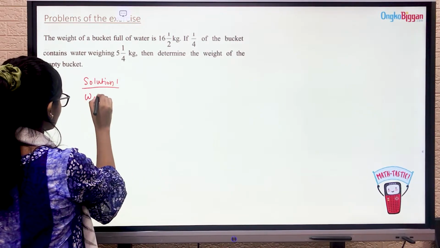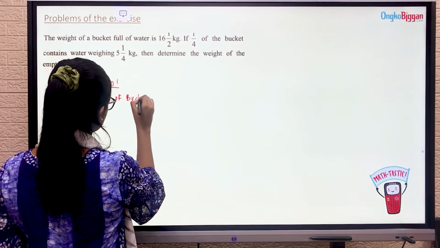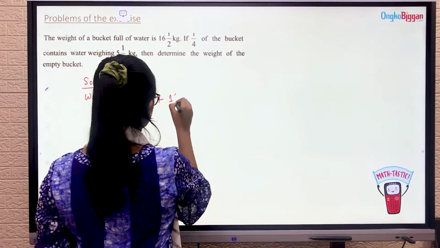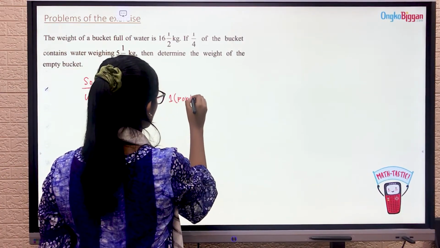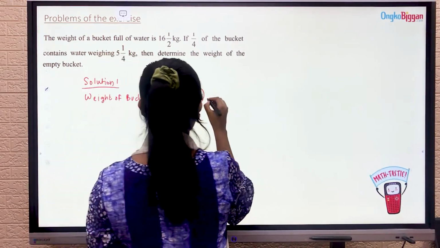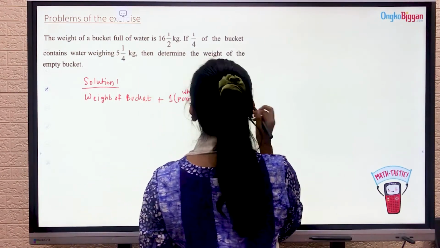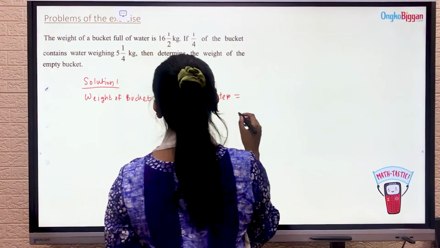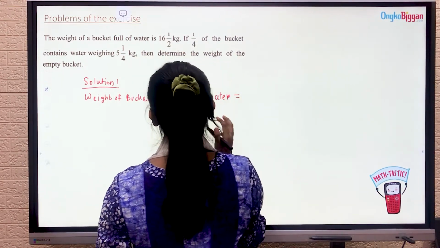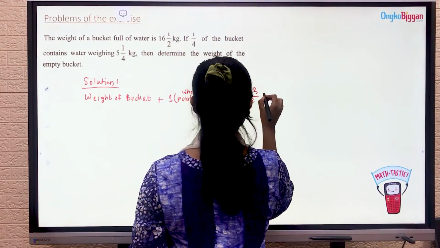Weight of bucket plus 1 whole portion of water equals 16 1/2 kg, that means 16 times 2 is 32, 32 and 1 is 33/2 kg.